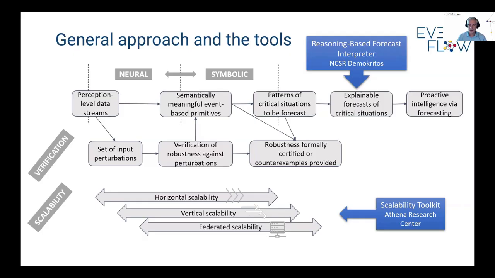This is led by NCSR Demokritos, and Nikos Katsouris will give the presentation. And then we have the verification tool, which will show how that works with the neurosymbolic approach. This is led by Imperial College London, and the speaker today will be Abdullah Hekal.